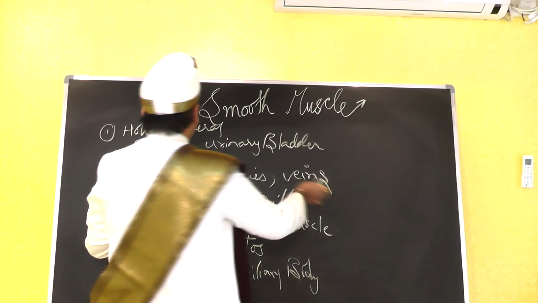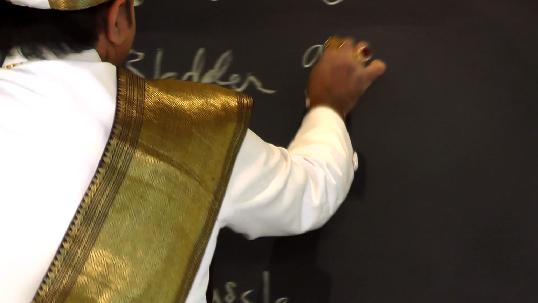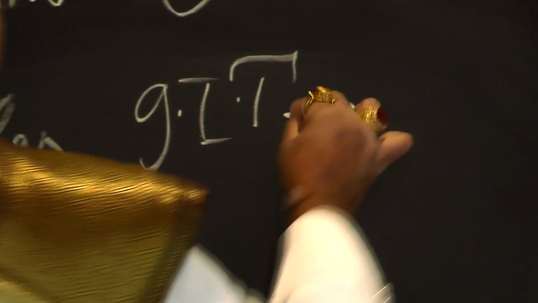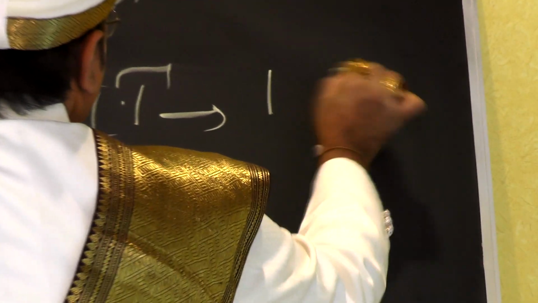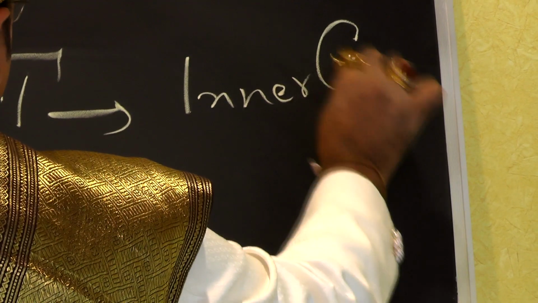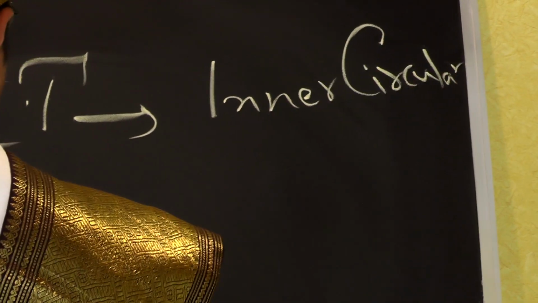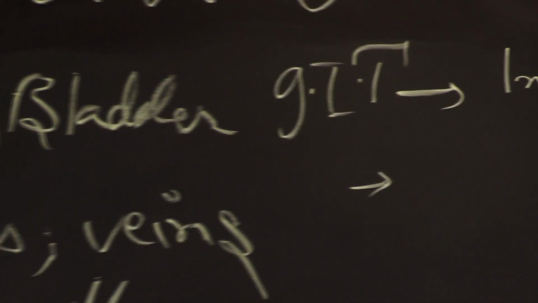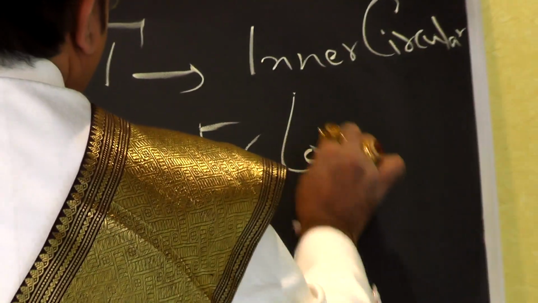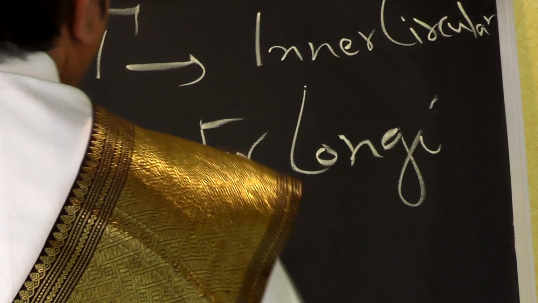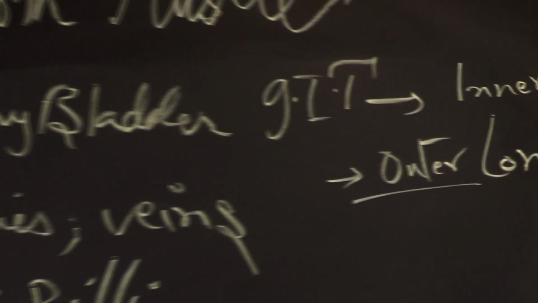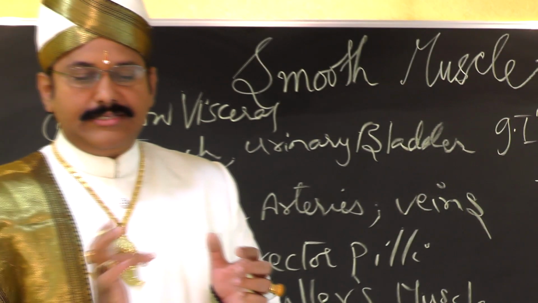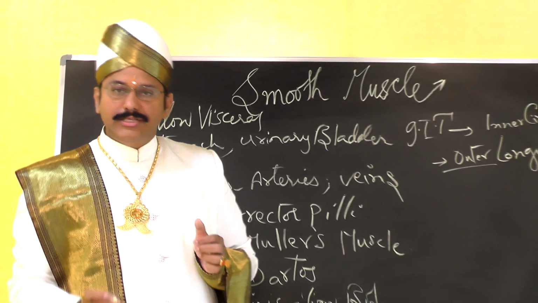For example, if you take the gastrointestinal system, the GIT, the smooth muscle is arranged in an inner circular layer, that is, the smooth muscles are arranged circularly in the inner portion, and coming to the outer wall, it is longitudinal. So inner and outer layers, it is arranged. The inner layer has the circular arrangement of smooth muscles, and outside it are the longitudinally arranged smooth muscles.